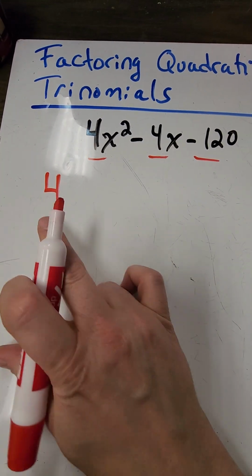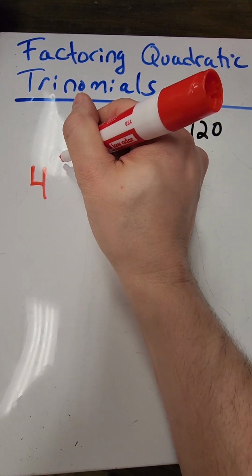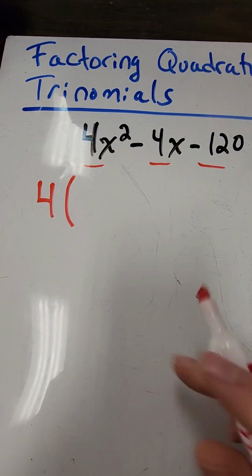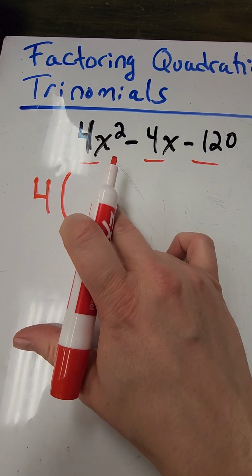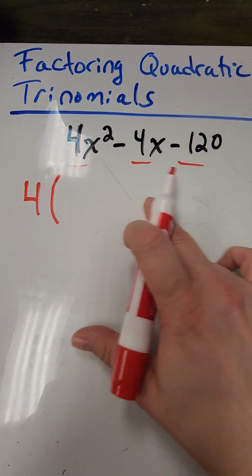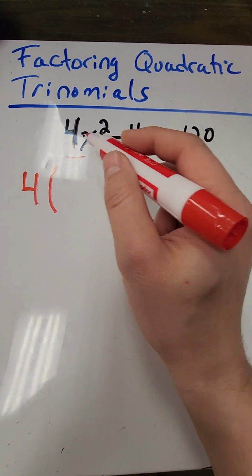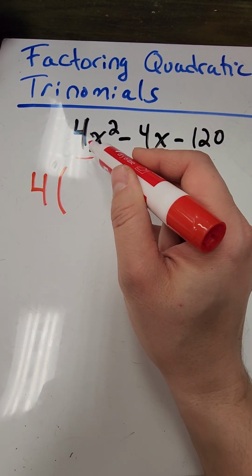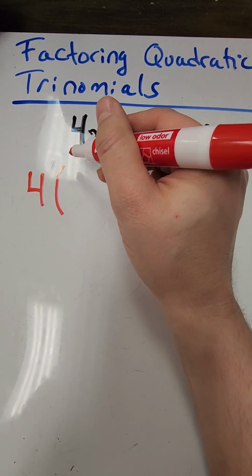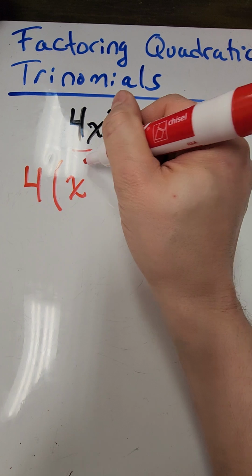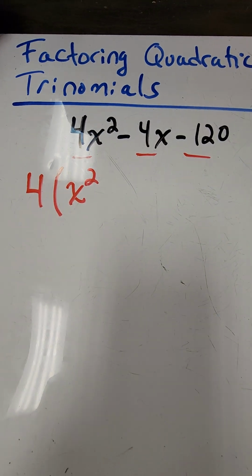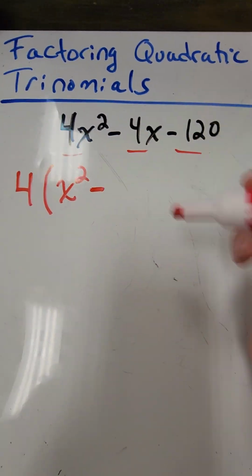Right, so we factor out that greatest common factor of 4, and then when we factor that out, we're left with what's in the parentheses. And remember, factoring out, think division. Right, so when we factor out a 4 from 4x squared, it becomes 1x squared. And then when the minus comes, we carry the minus down.